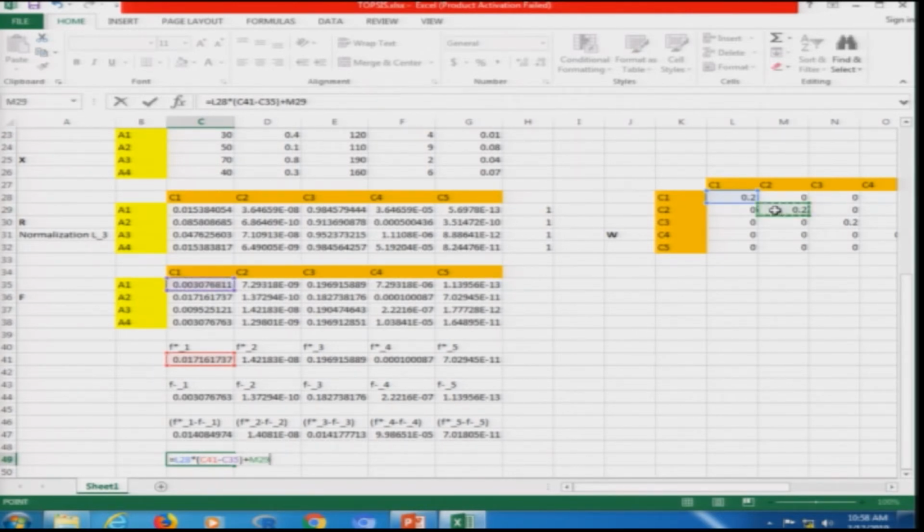Plus I am taking equal weightages. So, max value minus the second, plus the weight multiplied, sorry, I should put the multiplication sign or else it would not come.